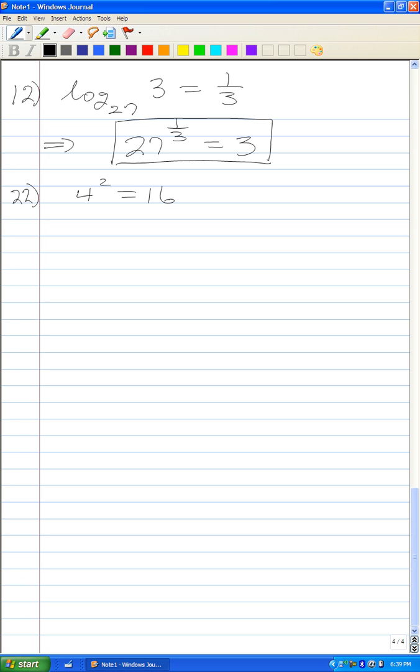In exercises 21 through 35, rewrite the exponential statement as a logarithmic statement. So the base is 4, the result is 16, and the exponent is 2. So log base 4 of 16 equaling 2 says that the exponent of 4 that yields 16 is 2. 4 squared is 16.